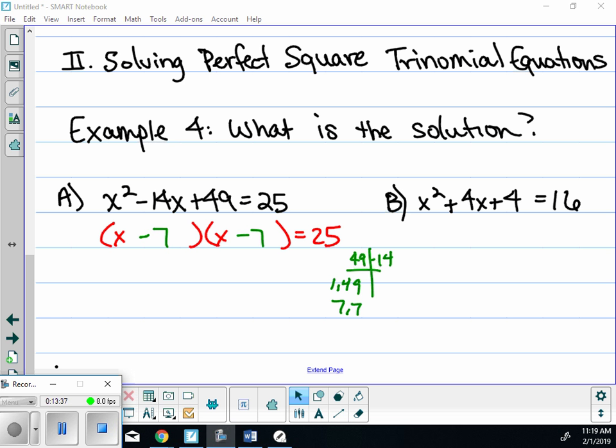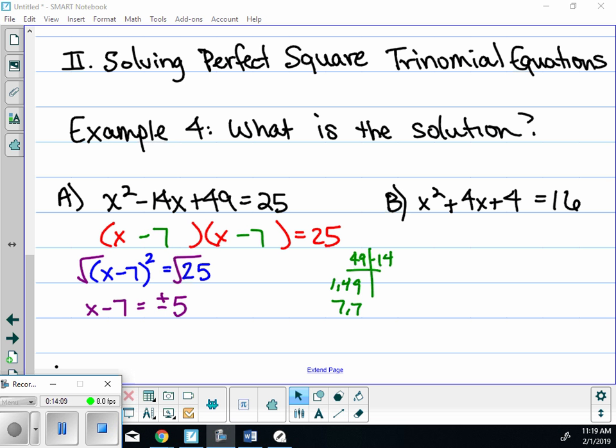So what we get, we can write this as x minus 7 squared equals 25. And to undo a squared, we take the square root, right? So I get x minus 7 equals, remember we're doing positive or negative, 5.